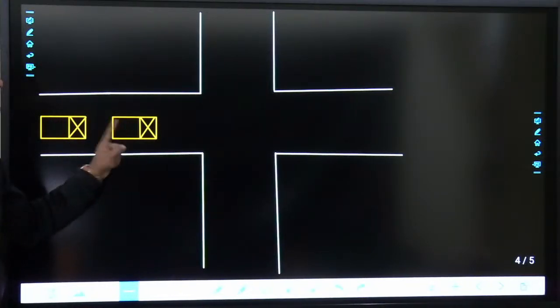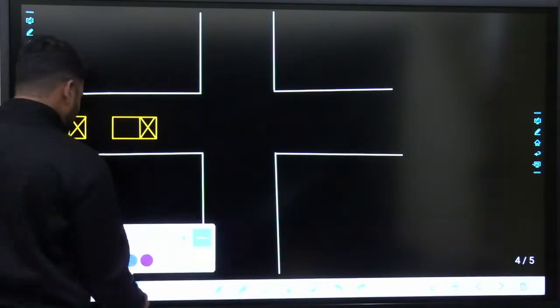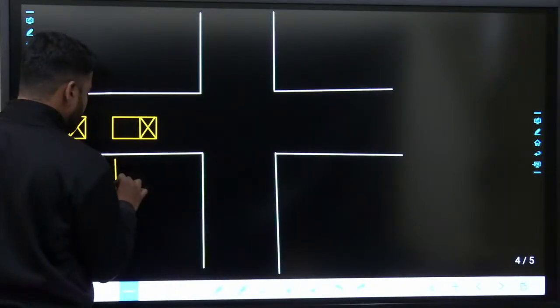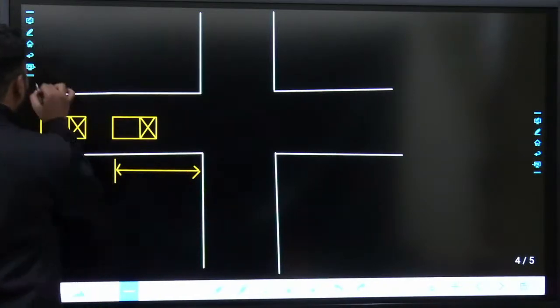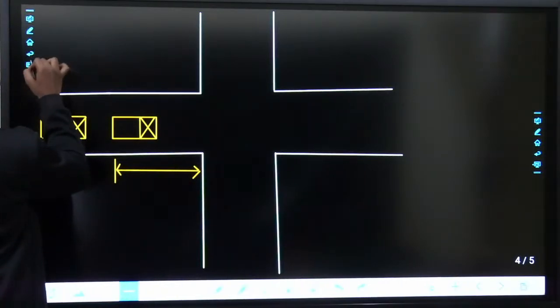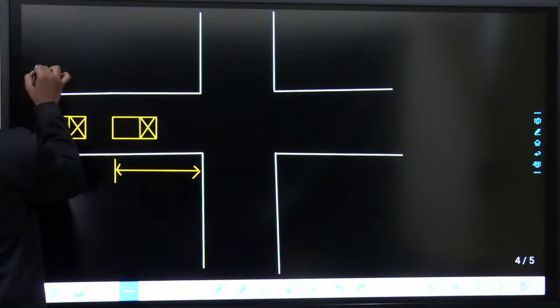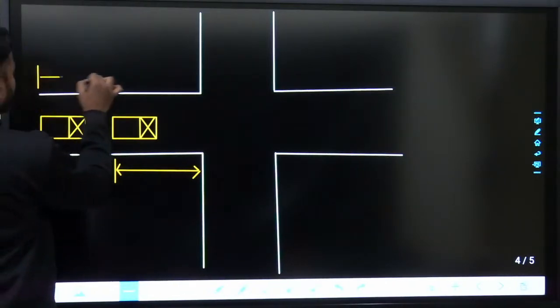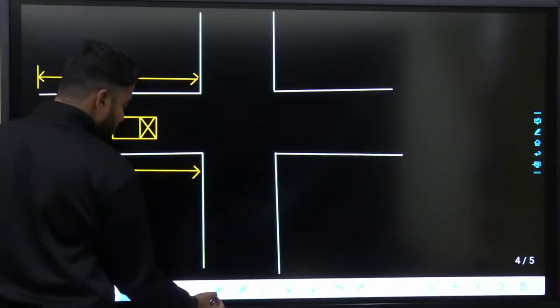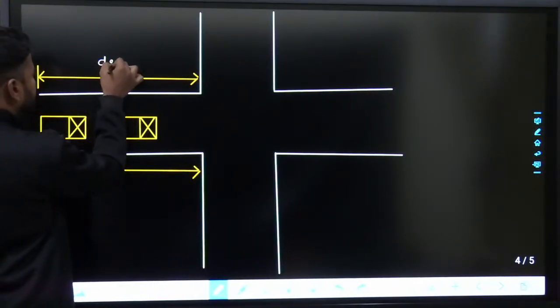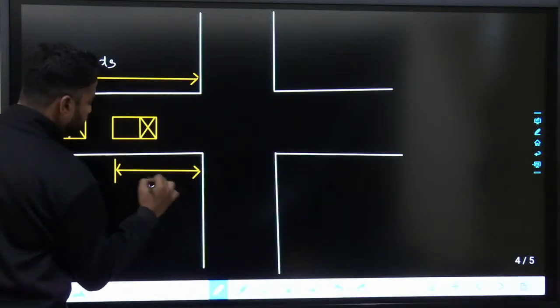This region between these two things is called as dilemma zone. I'll call this as some DS, I'll call this as some DC.